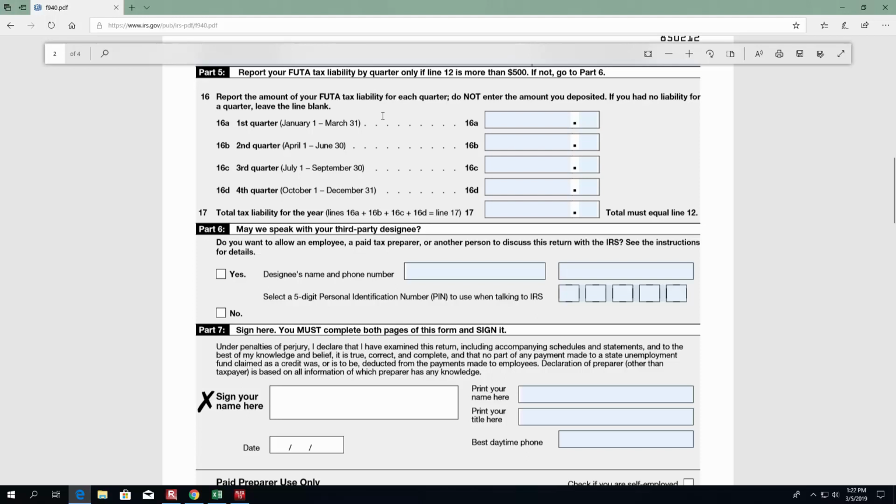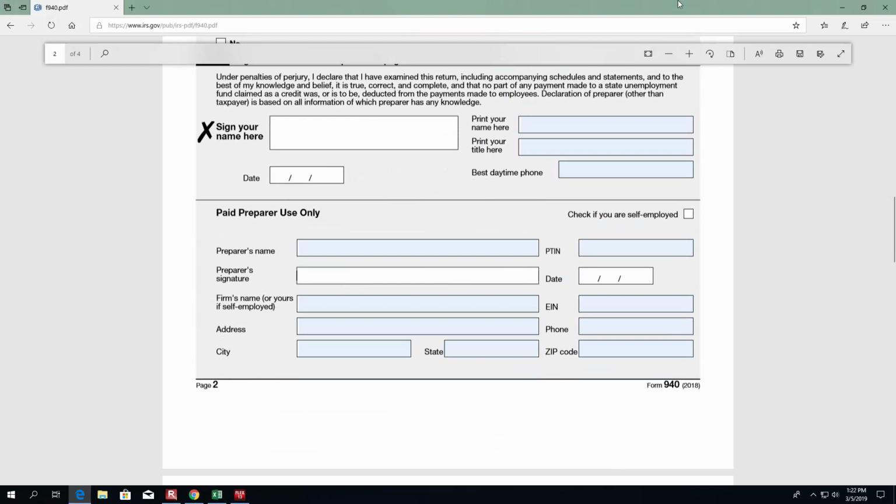No, it's on line 16: report the amount of your FUTA tax liability for each quarter, but only if it's more than $500. Report your FUTA tax liability by quarter if line 12 is more than $500. Is line 12 more than $500? No. But if it was more than $500, could you just go straight to the little schedule and pull off the liability? That's why we did that. But you don't have to transfer that here because it's not over $500. So really all you're doing here is just going, da da da da da.